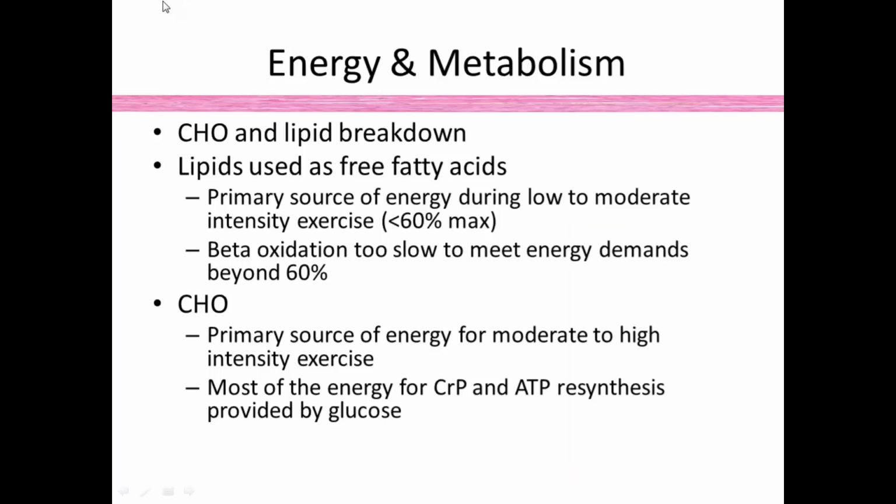So in general, and this is not 100%, but if you are going to do exercise for a while, then depending on what type of exercise you're doing, you may be using more of your fats versus more of your carbohydrates. If you're doing a long-term run, let's say, and you're using only up to 60% of max intensity, you will use the lipids.